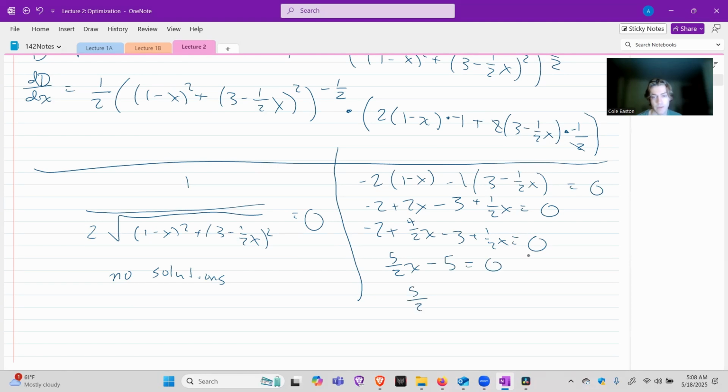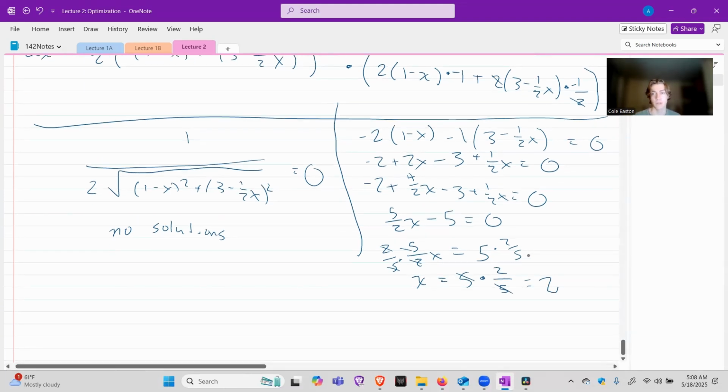So 5 halves x equals 5. And that means that x equals 5 times, just to clarify what I'm doing here, I'm multiplying both sides by 2/5, right? So that all of this is going to cancel out. I have x on the other side, and this is going to be 2/5 on this side, and that 5 is going to cancel out there. So we have x equals 2.